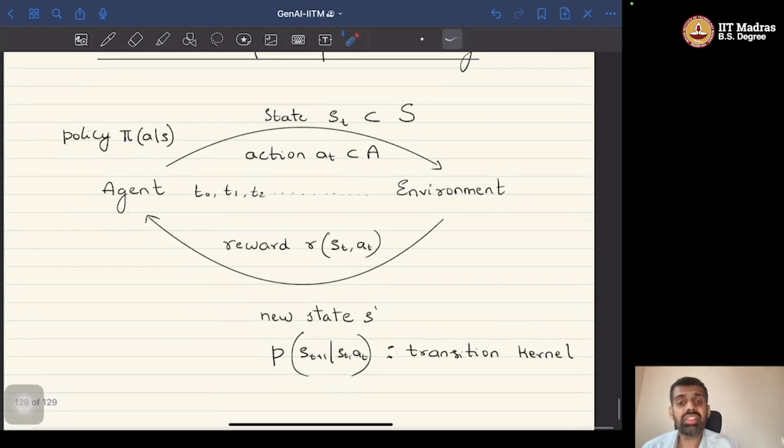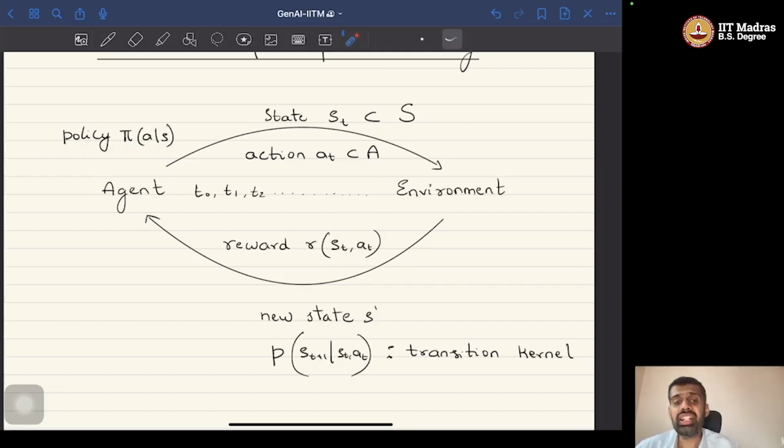Now, once the environment gives the reward, the agent moves on to a new state S_{t+1} based on another distribution that is called the transition kernel. And once it goes to the state S_{t+1}, it again takes another action based on the policy, and this process keeps repeating.